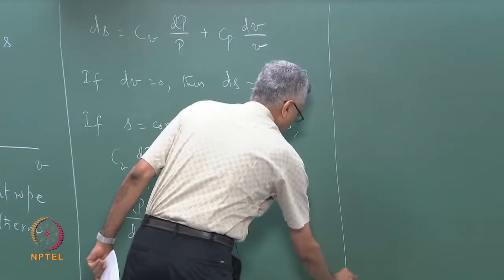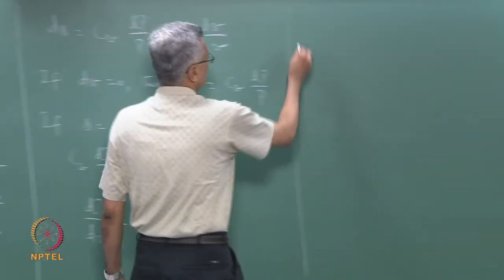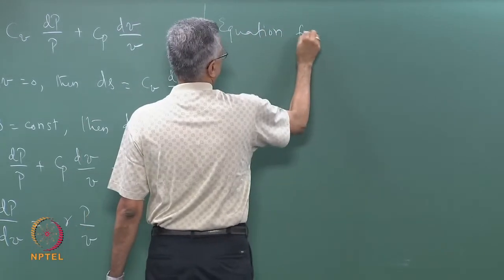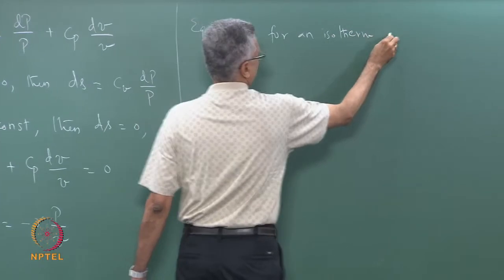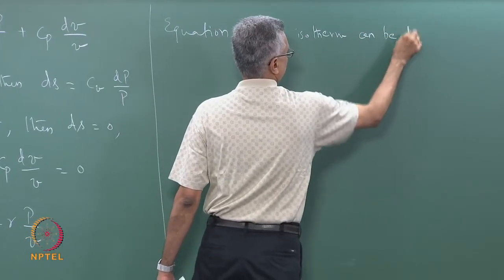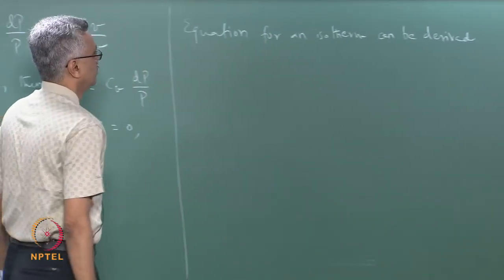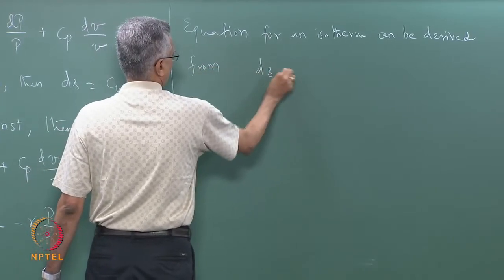We want to draw an isotherm in the same diagram. The equation for an isotherm can be derived very similarly from the same entropy equation.